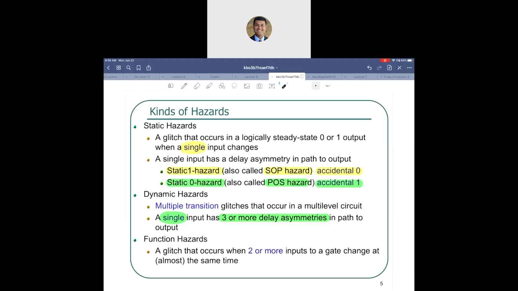So a glitch occurs when 2 or more inputs to a gate change at the same time. Right? So we have been focusing on holding one input and changing the other input. But what if you change both inputs at the same time? There will be glitches that occur due to that. Those are classified as function hazards. So again, for function hazard, we will take a look at an example related to the detection of it, but we will not go into eliminating function hazards.